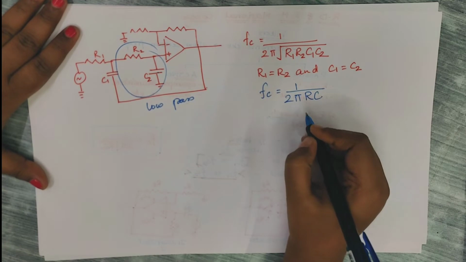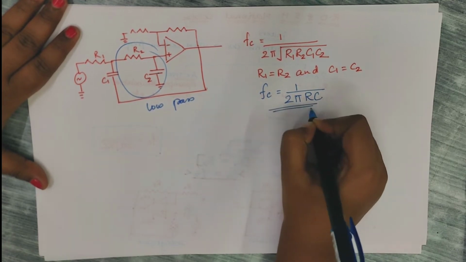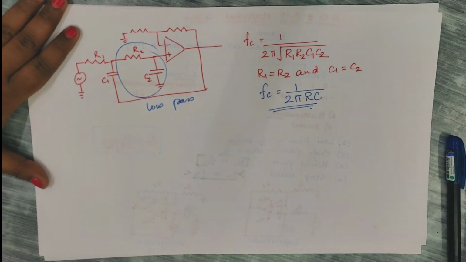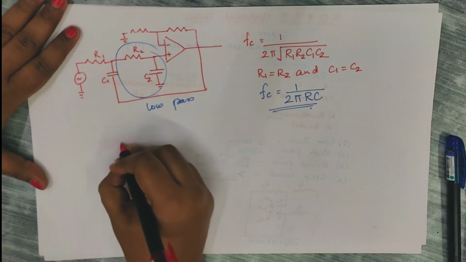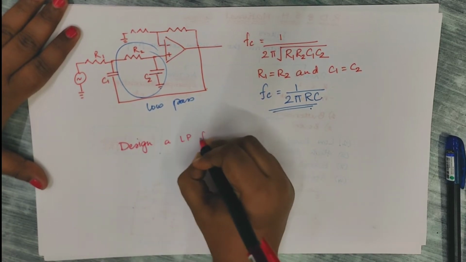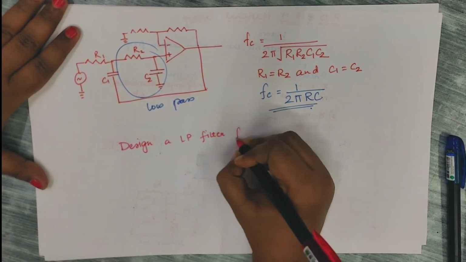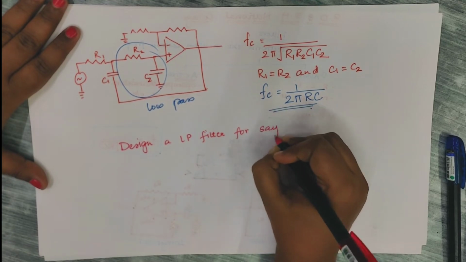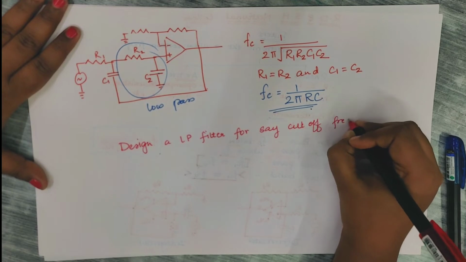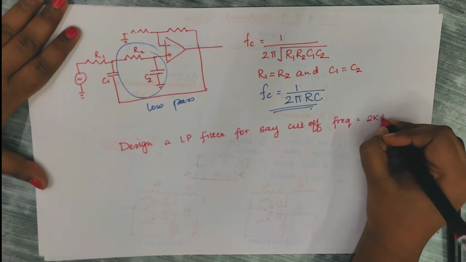Now let's see how you calculate this cutoff frequency. With respect to your practical, you will be given: design a low pass filter for, say, cutoff frequency equal to 2 kilohertz.